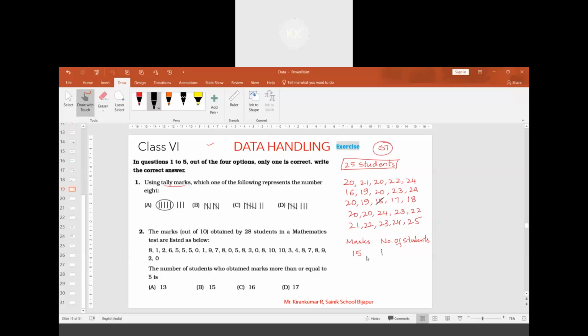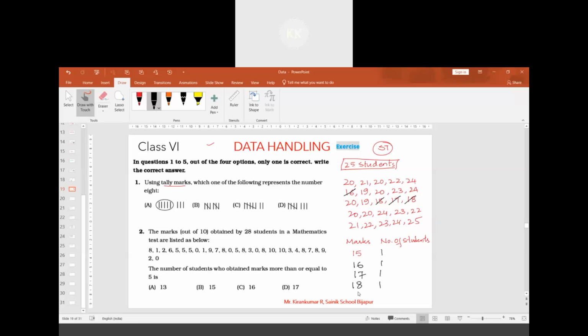Now if 16 is the number, in the first row there is no 16, in the second row there is 16, so 1. If I write 17, in the third row there is 1. If I write 18, again in the third row there is 1.